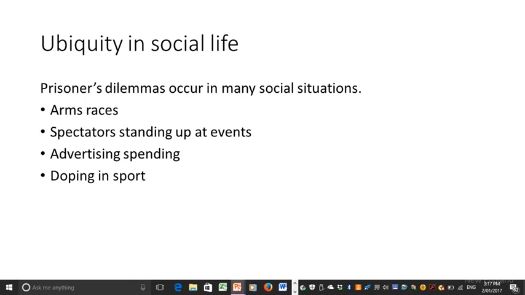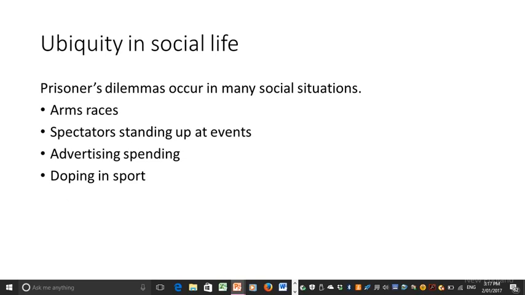Okay, so again, exactly the same structure as the prisoner's dilemma. These are real examples, and of course that's a much more serious example than just standing up at sporting events, but it has been analysed as an instance of the prisoner's dilemma.